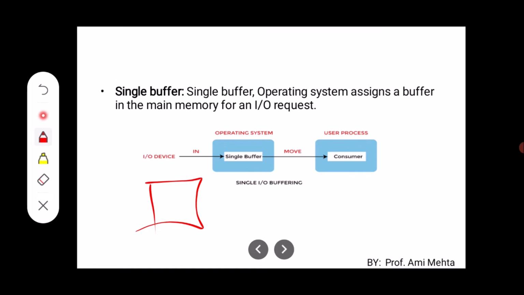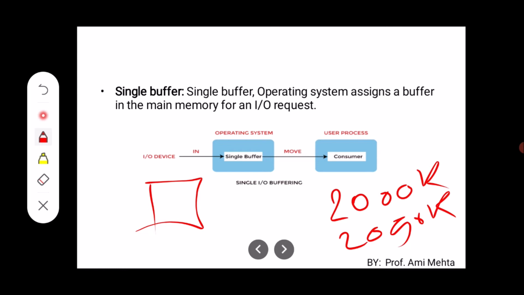For example, from 2000K to 2050K there is a buffer. This particular portion is assigned by the operating system as a buffer. Now the I/O request is handled by this single buffer.